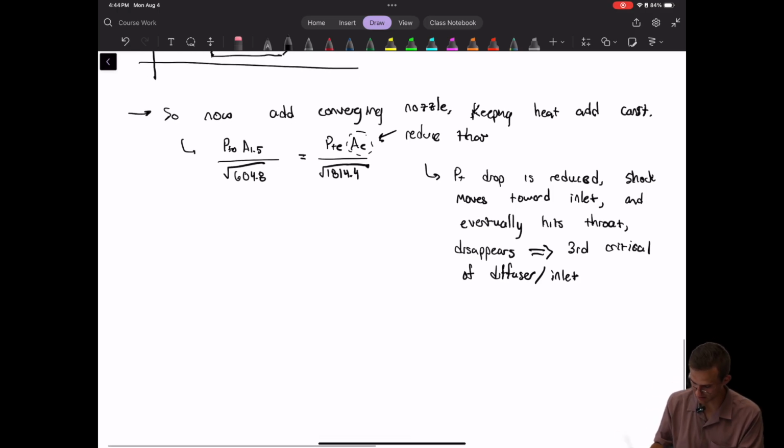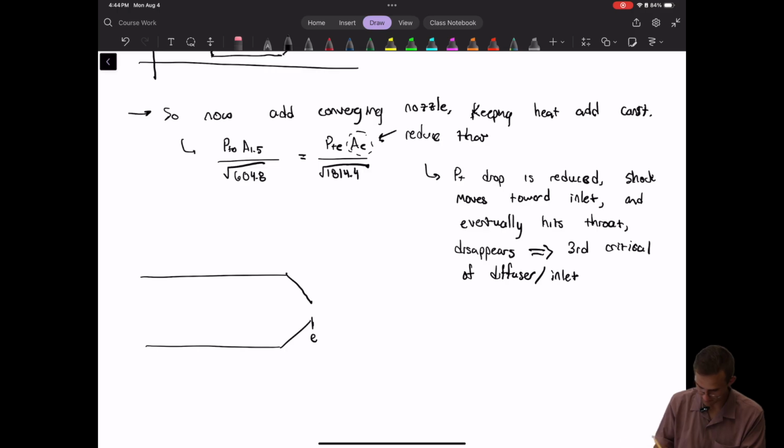Okay, so what does this look like? We have our straight channel that we had before, but it just tapers off at the exit. We have our burner, and then our inlet here, and now we have no shock occurring. And the Mach number entering the burner is actually very small now. It's 0.138.